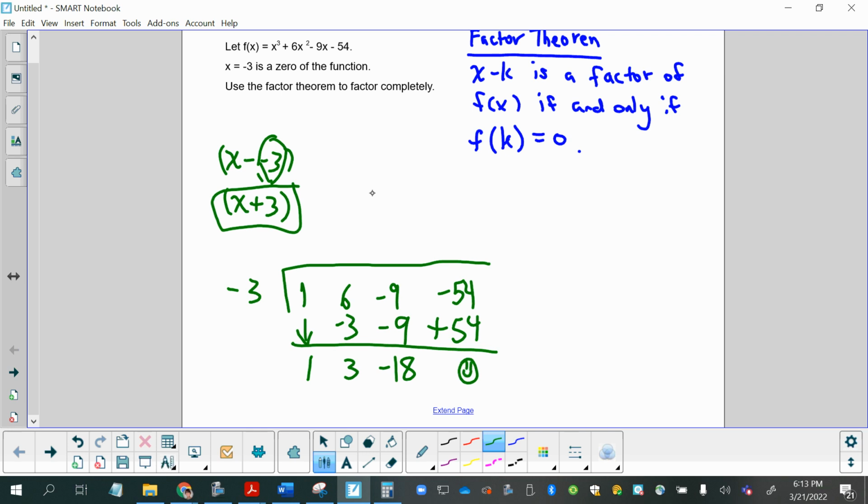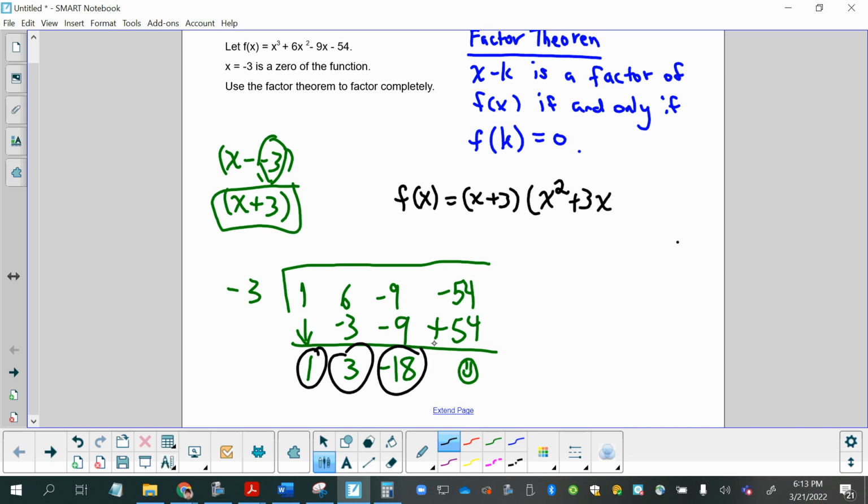Because now we can rewrite our function f of x as the factor x plus 3 times, use this as the coefficient of the x squared term, 1x squared, then plus 3x to the first power, and minus 18. Okay, so this is nice because we have partially factored our polynomial, but we want to continue to factor it until we have all linear, all powers of 1 on the x's, all linear terms.